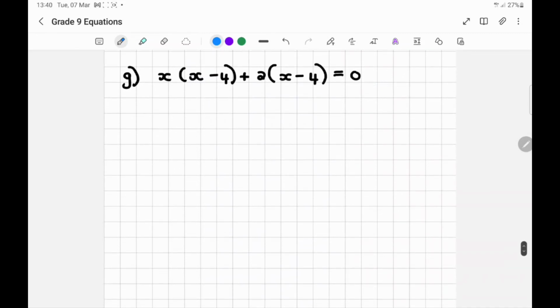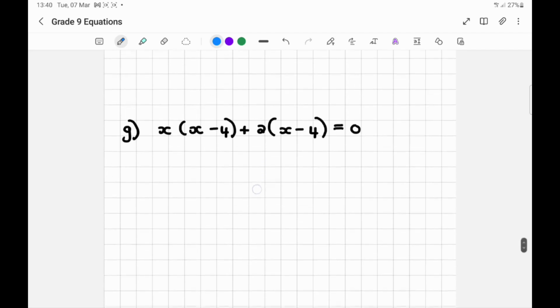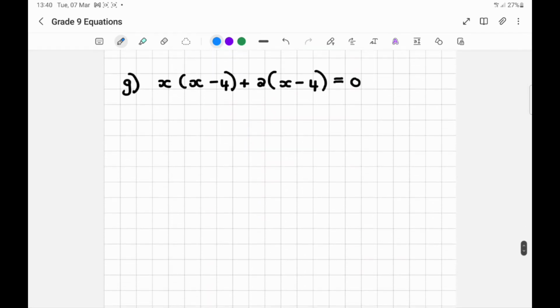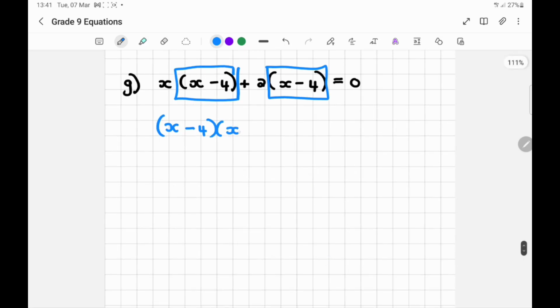Last one. First we need to simplify, take away our brackets, but let's quickly have a look. Before we do that, you could have done that way, but let's have a look. Can you see, if you look closely, that you've got 2 brackets that's exactly the same? So we can actually take out an HCF of x minus 4. And what is left? X plus 2 is equal to 0.